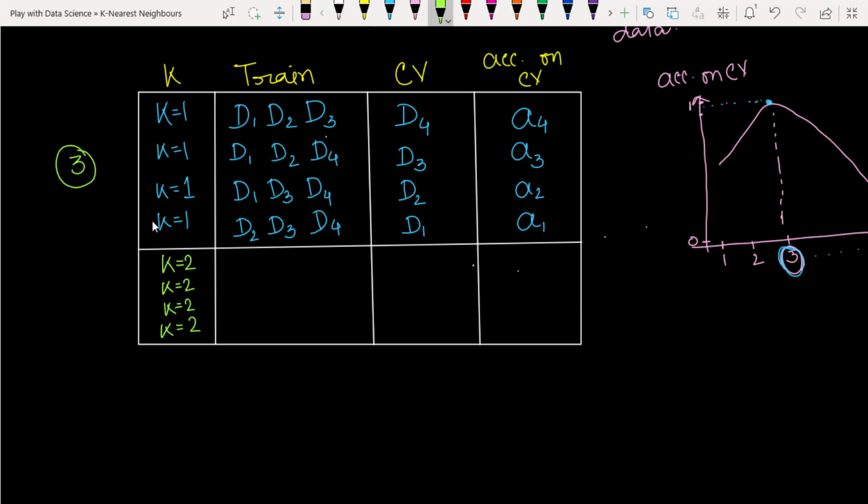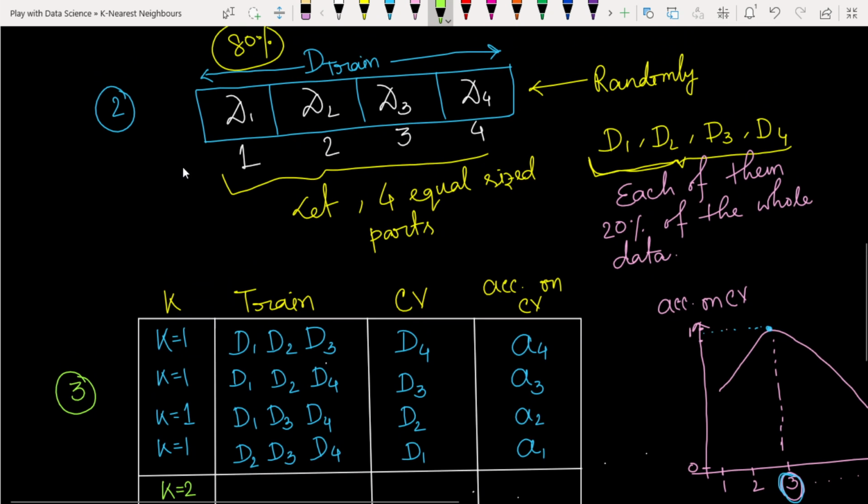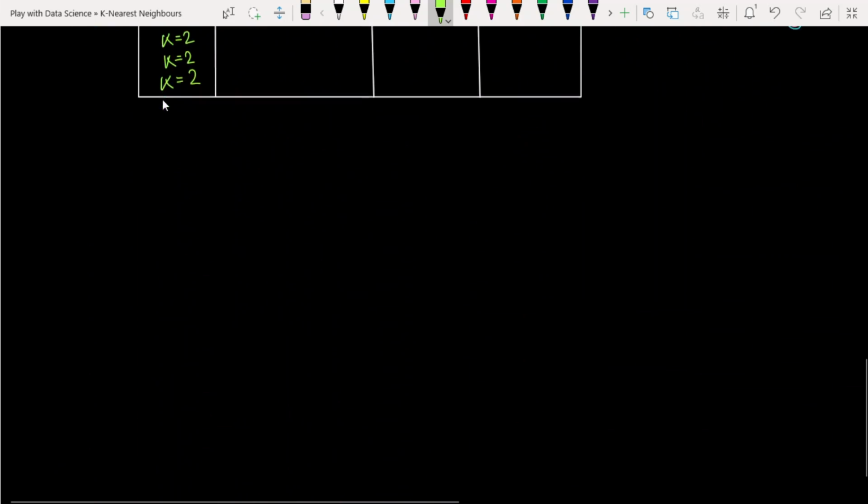So how many times is this repeating? Here k dash is equal to 4, because we are dividing our training data set into k dash folds. Because of this, we call it the k dash fold cross validation technique.